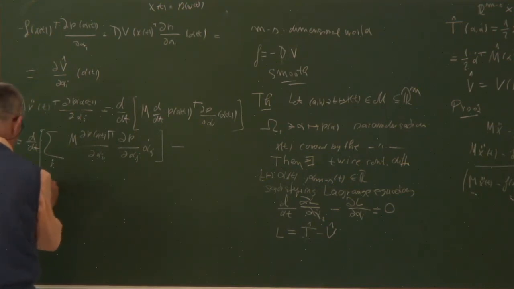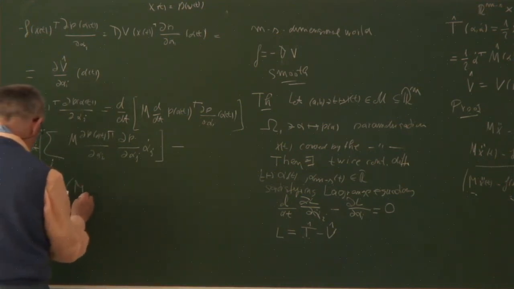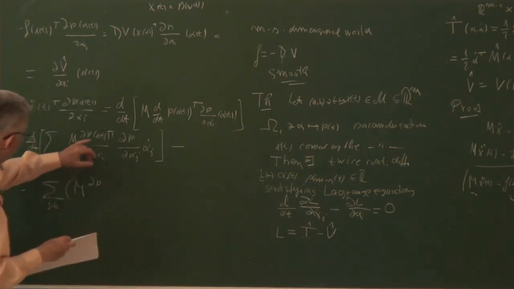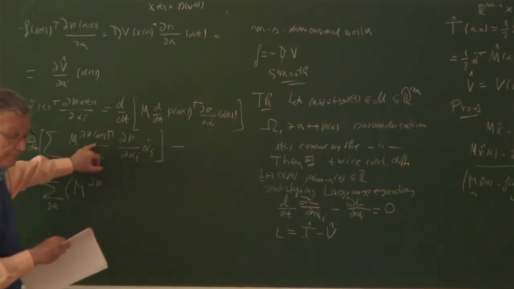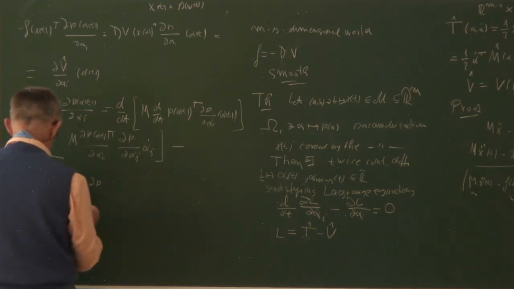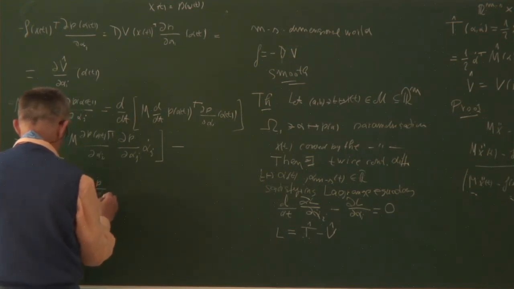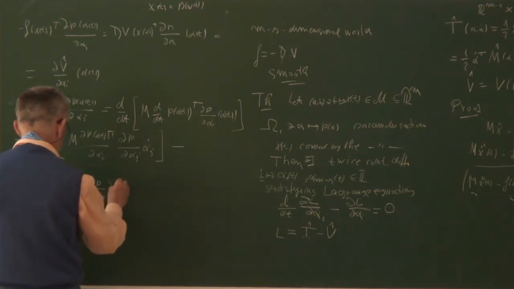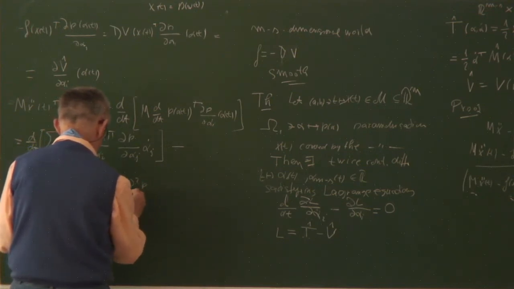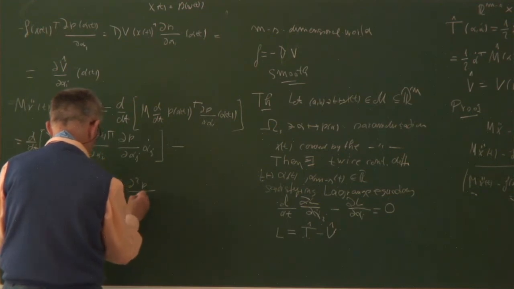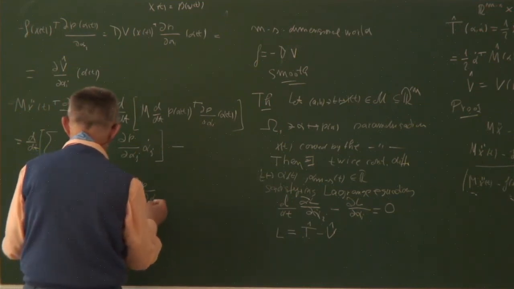Minus sum over jk m dp. I will now skip this dependence alpha of t, write down just p as I did here, to be shorter. dp over d alpha j, the double derivative.